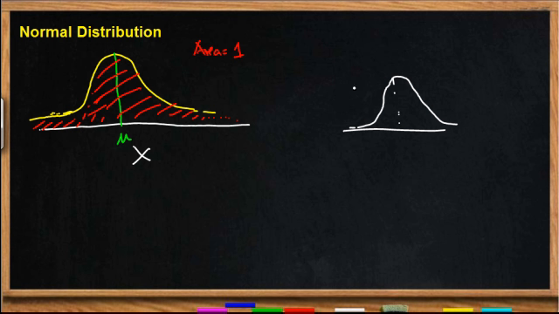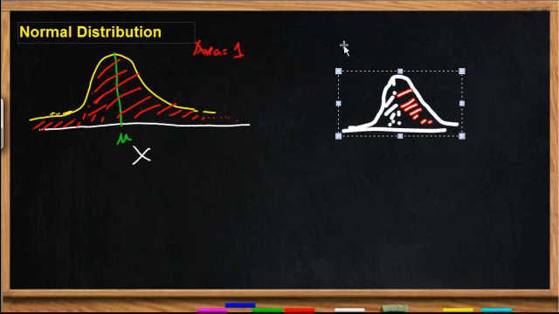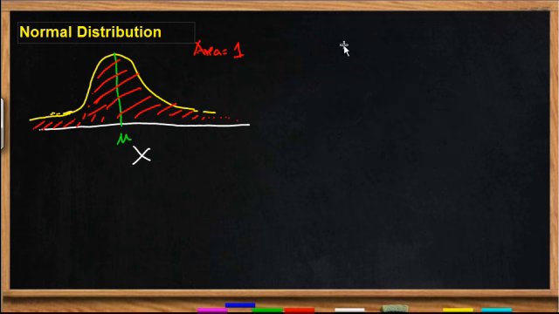So nakita nato nga diri sa left dili siya symmetric sa right, lahi siya sa right, meaning this is not a normal distribution curve. So dili nato i-discuss diri. Ang i-discuss is normal distribution curve lang kay pinaka-simple yan. Usually pinakagamit kay most of the probability distributions luckily pwede ma-approximate with this curve.